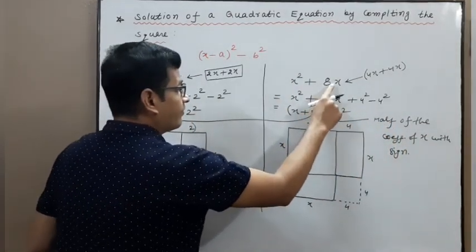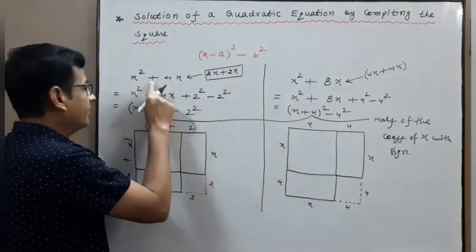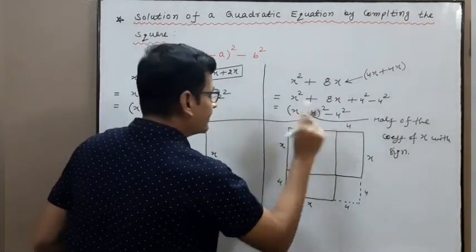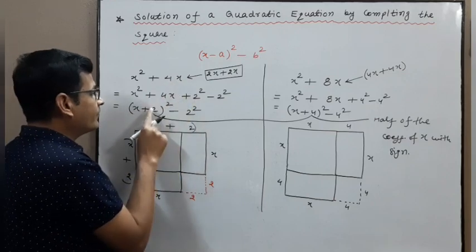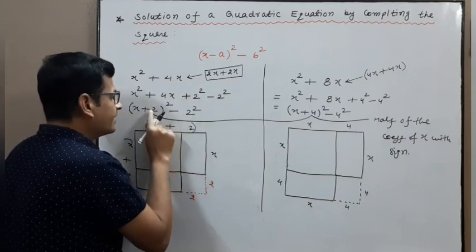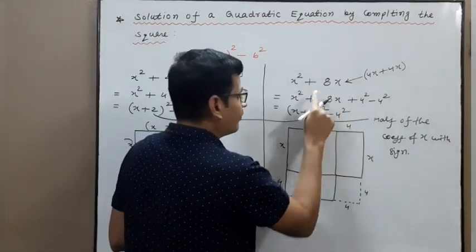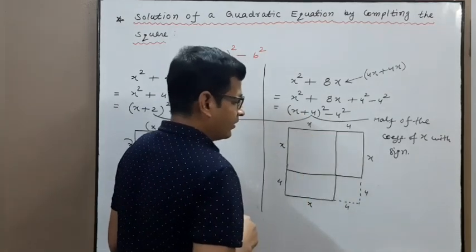If the sign of 8x is positive, then take plus sign. But in both cases, minus sign is there. So first write x, then half of the coefficient of x whole square, minus, always write the square of that number here. x, half of coefficient of x, half of 8 is 4, minus 4 square.